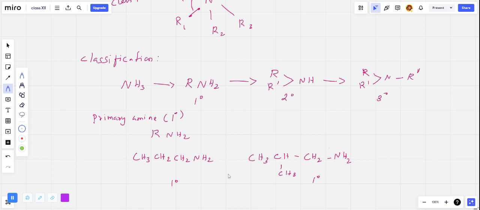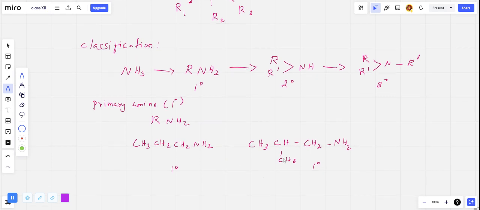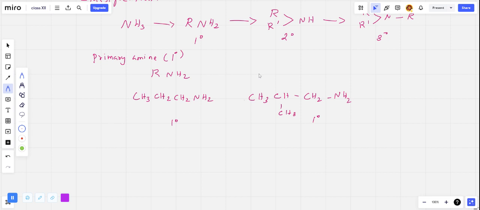You understood the difference? Here the alkyl part is primary, and there the alkyl part is secondary, but as amines, both are primary.